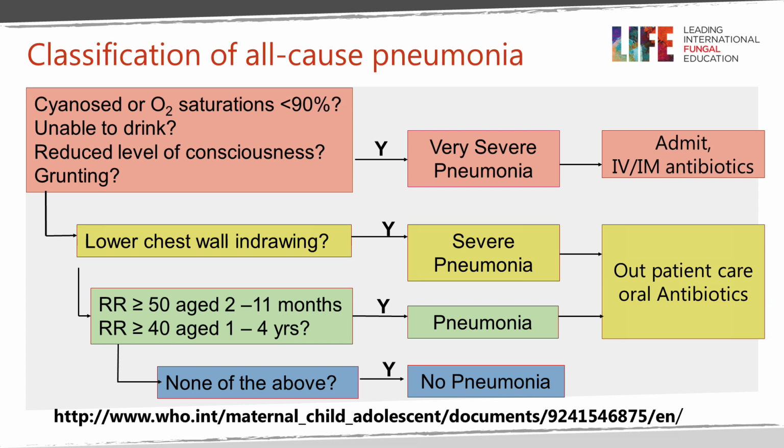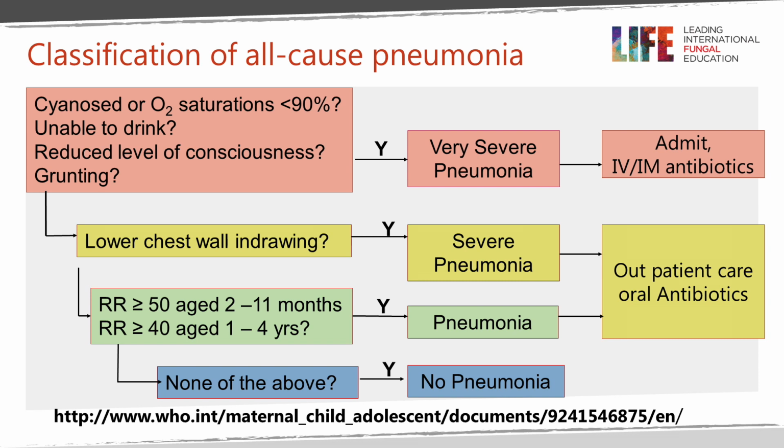If we look at one example of the charts, this is one that's recommended by WHO and widely adopted, especially in East Africa. You look at this child who has cough and difficulty in breathing, and you want to check if they have cyanosis, or if you have a pulse oximeter, whether their oxygen saturation is less than 90. Then you check if they are able to drink, you assess the level of consciousness, whether it's reduced, and you check if they have grunting.